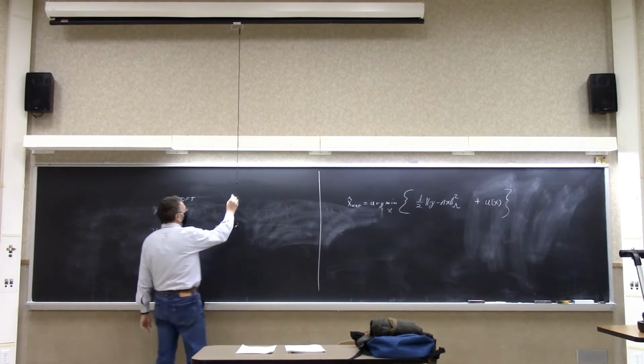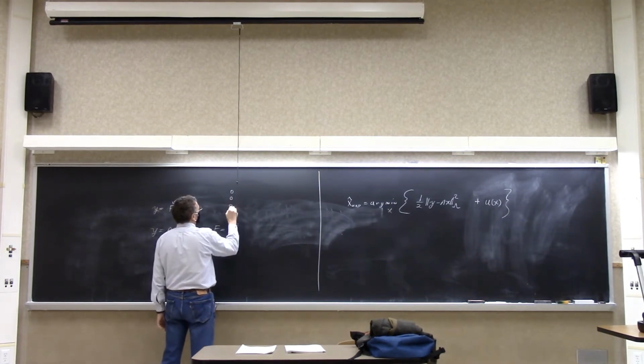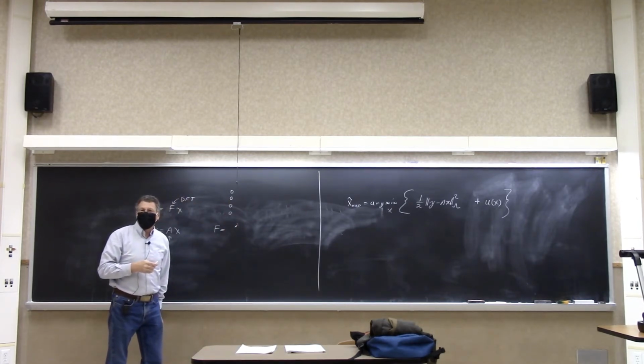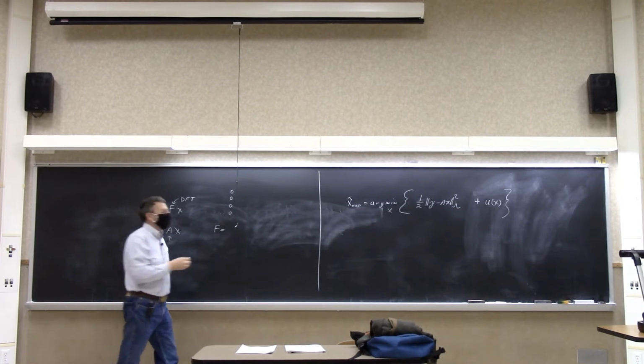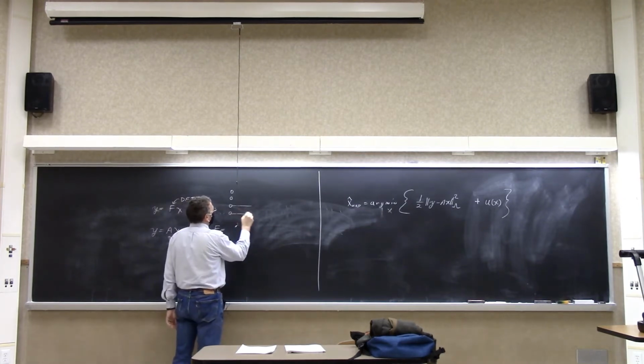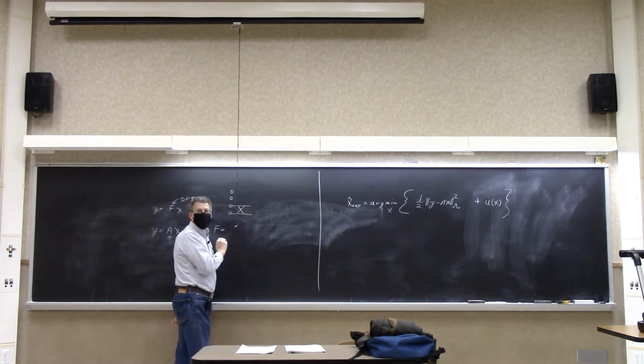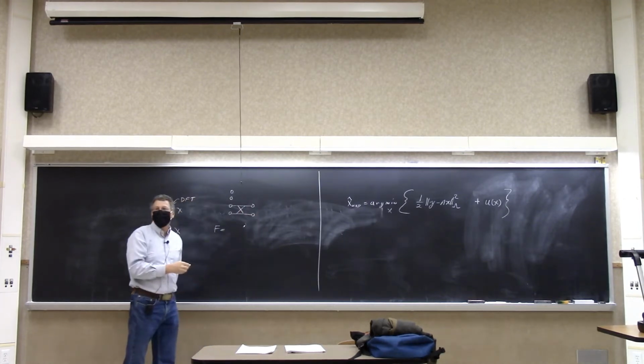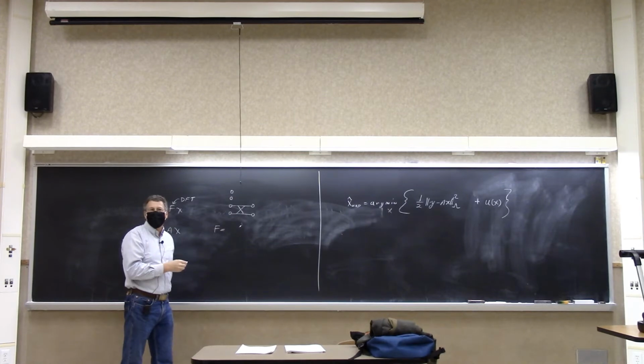We haven't talked about FFTs, but I'm assuming most of you have been exposed one way or another to the concept of an FFT. When you draw a flow diagram, you have these butterflies, right? Does that sound familiar? That's how you compute an FFT, if it's a power of 2.